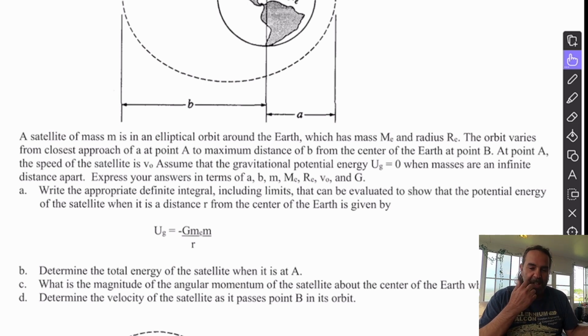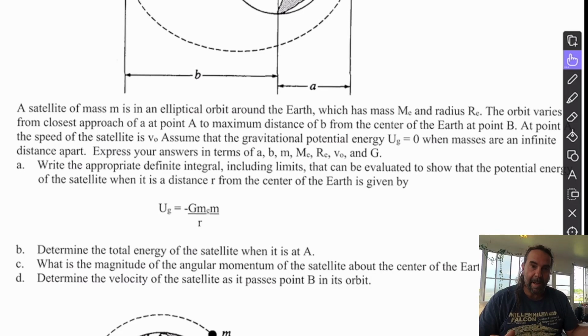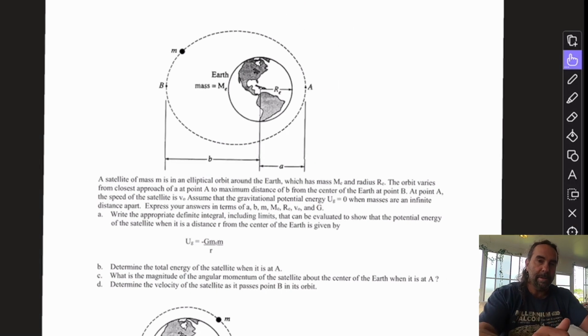We don't see questions like that particularly often, especially now, but still they have asked it in the past. And then right after that, question B, the total energy of the satellite when it's at A. So if you couldn't do that, you still should be able to use it in part B. So this has been posted with this assignment. Give them a try. See what you think. These are from old AP exams, but they are, I think, quite relevant.